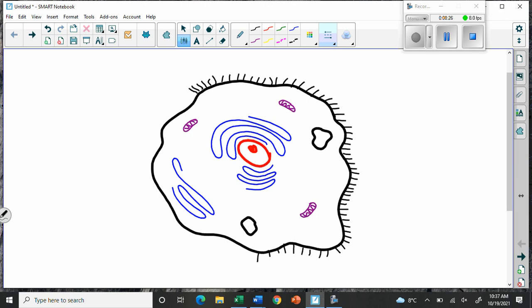You could consider them as being a bunch of little oars. Like in a rowboat, you have the oars, and you move the oars to move the boat through the water. These little guys can wiggle and shift and push on the water the cell is floating in, and they can make the cell move. And they can wiggle in all different patterns, so they're wavy little things, and they're called cilia. We'll get to that in a minute.